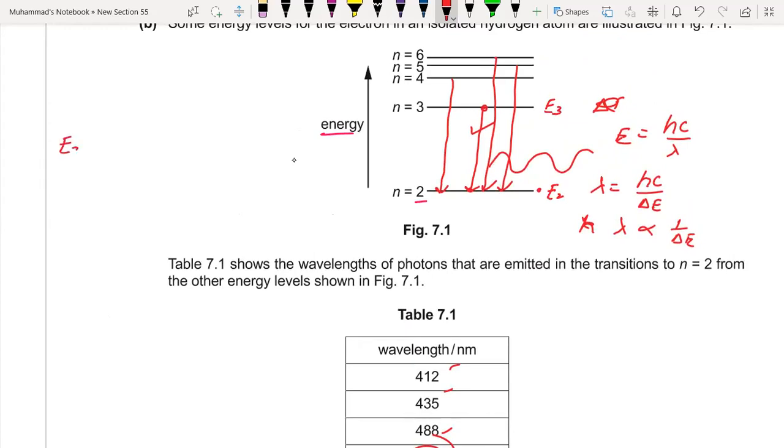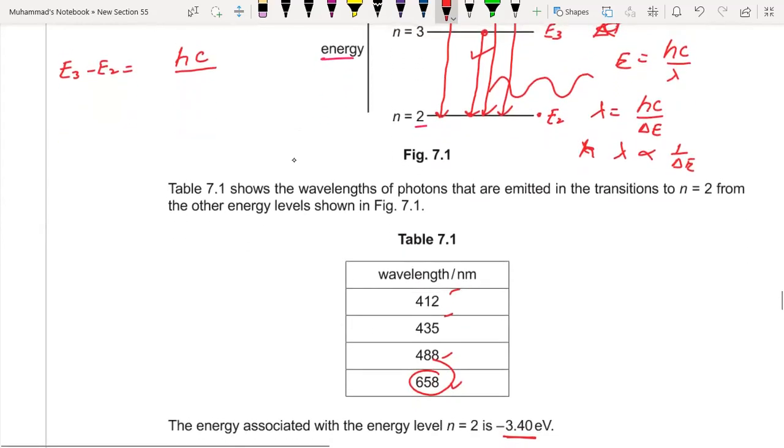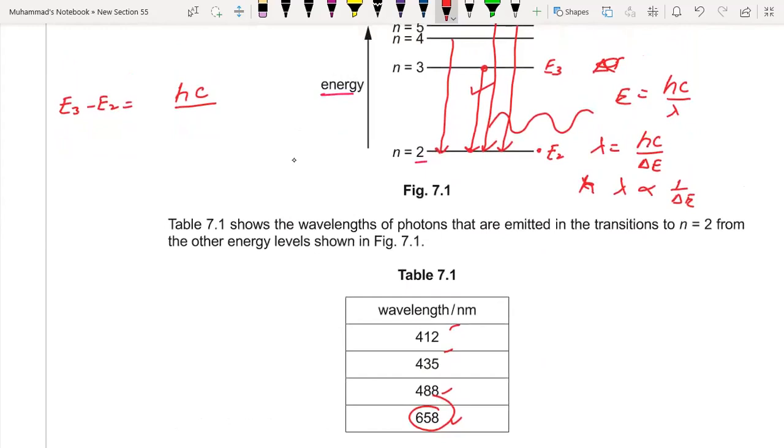So E3 minus E2 is h, Planck's constant, times c, speed of light, over wavelength. And the wavelength over here is 658 nanometers, 658 times 10 to the power minus 9. And this energy is given in electron volts.